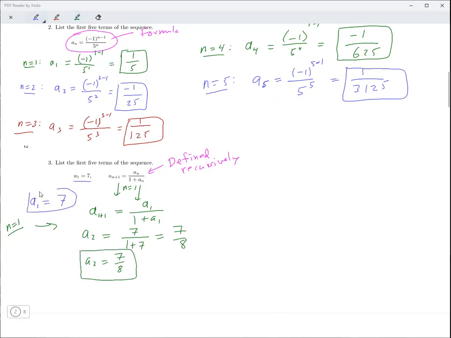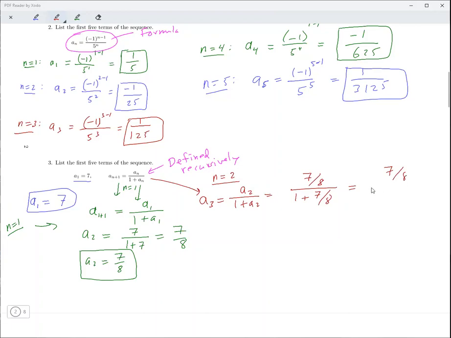Okay. And then to get a sub 3, you set n equal to 2. And so setting n equals 2 here gives you a sub 3 equals a sub 2 over 1 plus a sub 2, which is 7/8 over 1 plus 7/8.